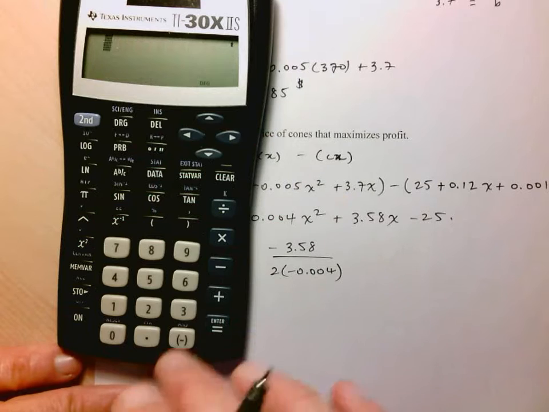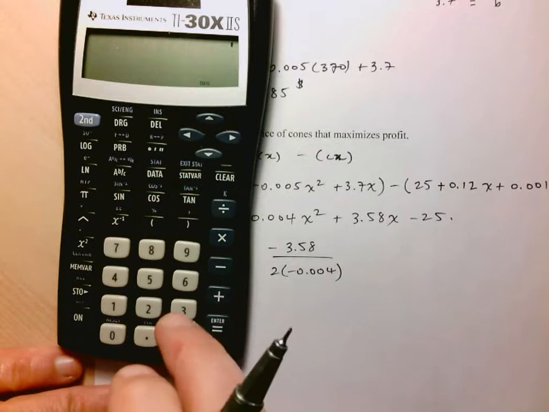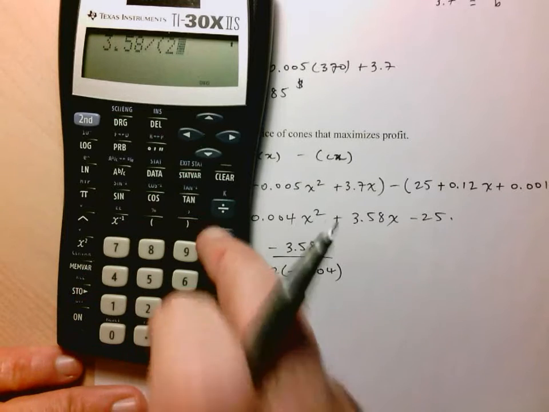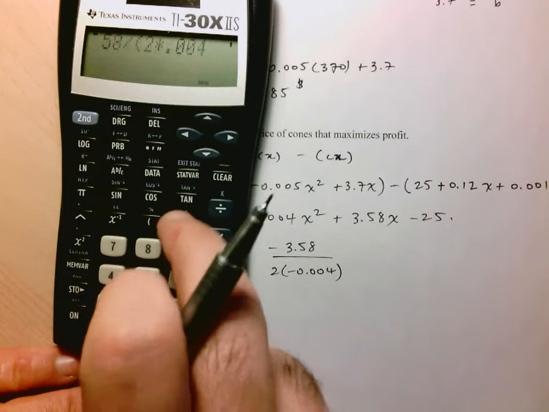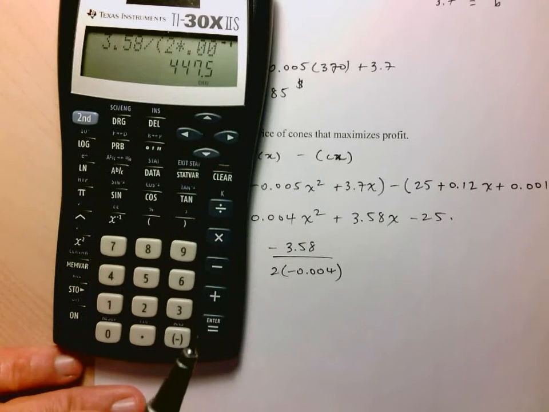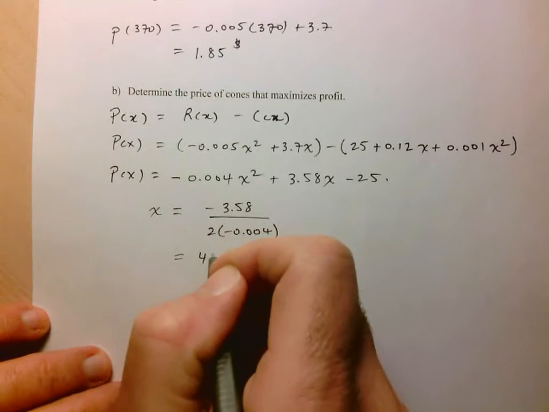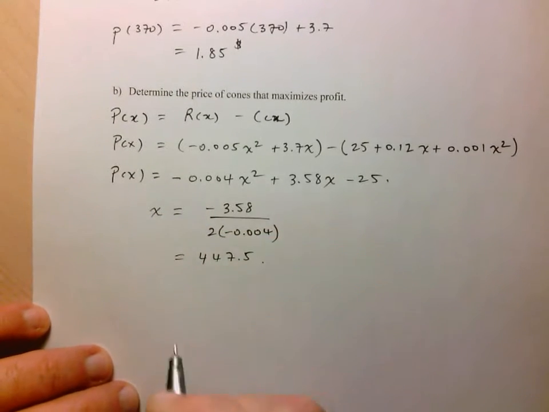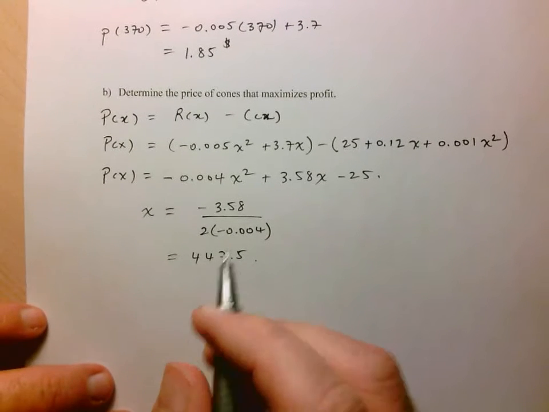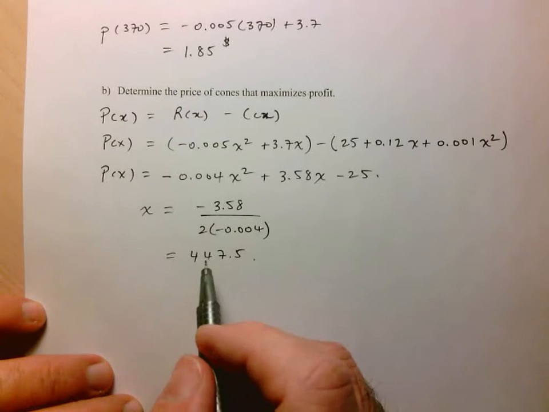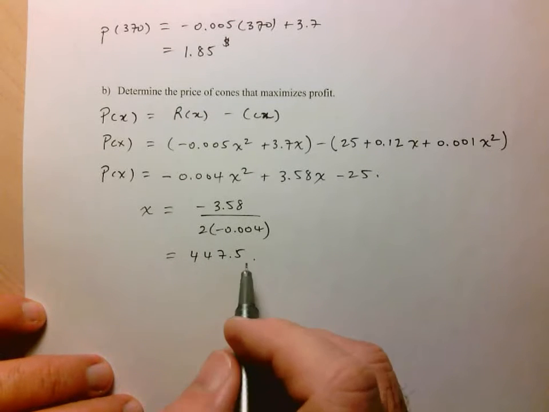The negatives will cancel out, so 3.58 divided by 2 times 0.004 equals 447.5. That's very interesting because you can't sell 447.5 cones. So the question is, should you round down or up?